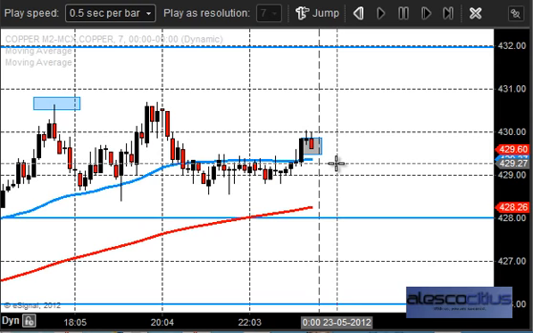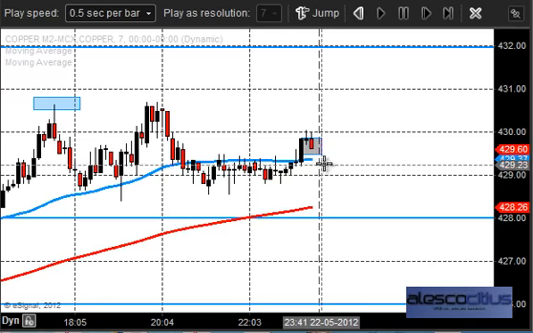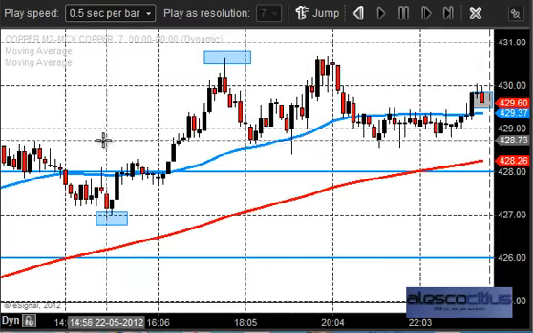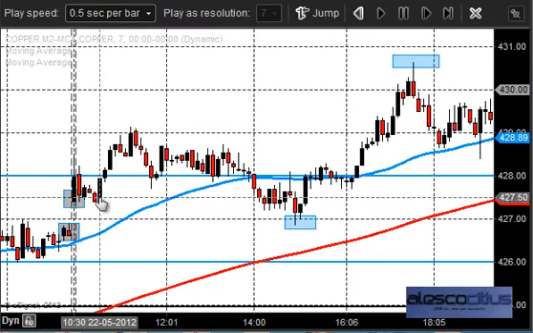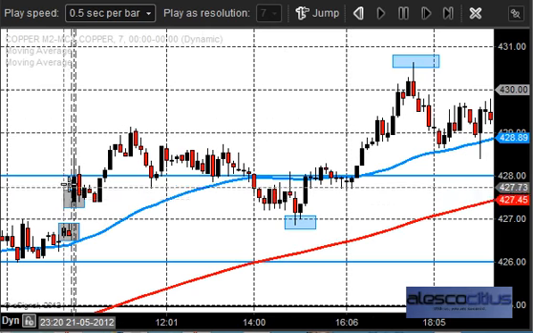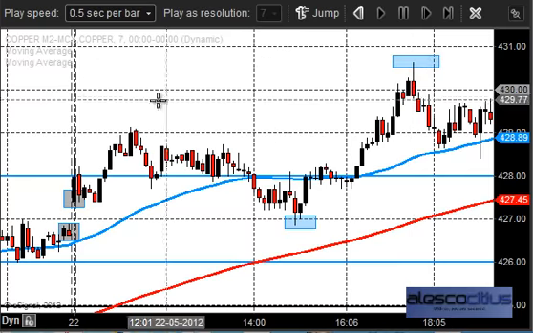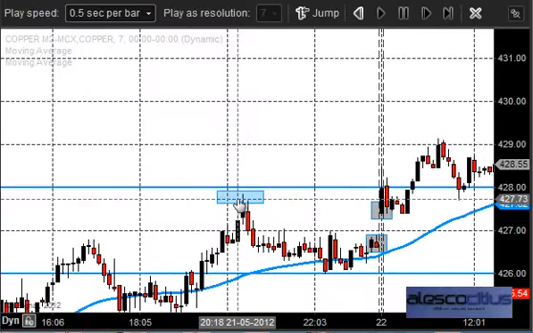When we compare yesterday's opening, closing, high and low positions: yesterday's closing is around 429.6, and yesterday's opening is around 427.4. So yesterday's closing is well above yesterday's opening, and yesterday's high, which is around 430.7, is well above the previous day's high.